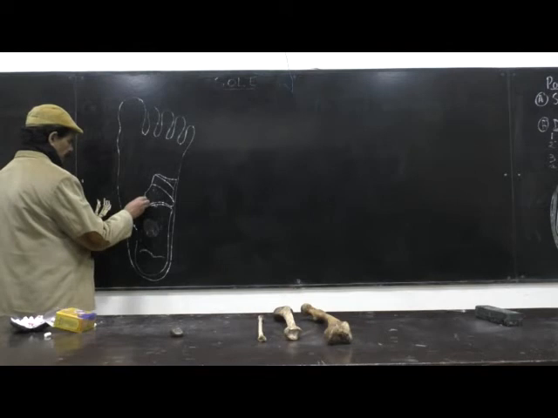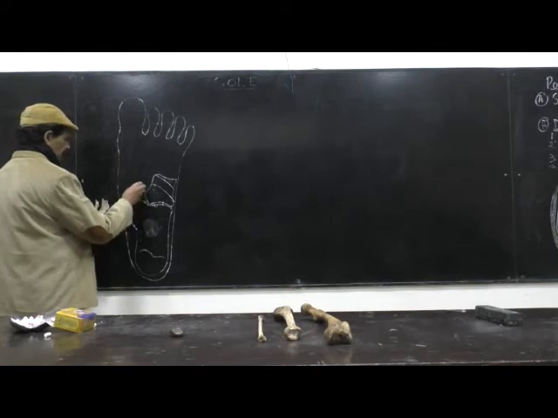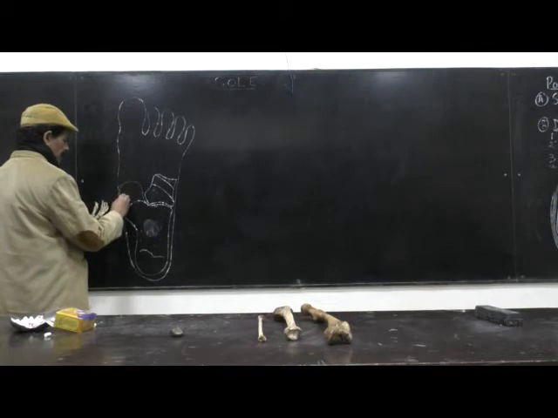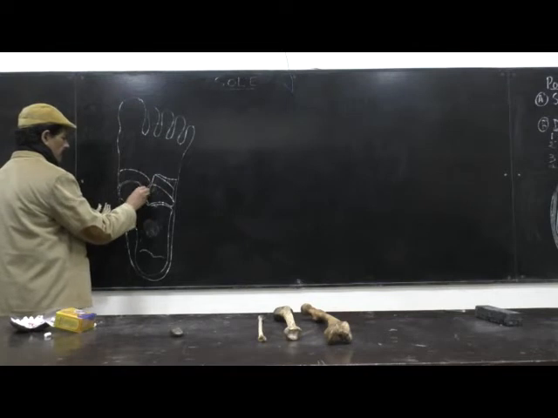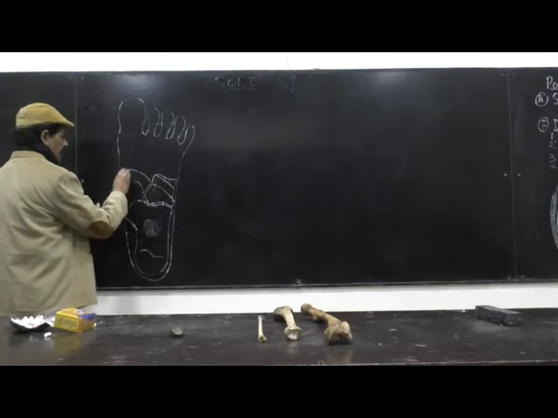Then medially, there is the head of the talus bone, which anteriorly articulates with the boat-shaped bone, that is the navicular. And the navicular also has on its plantar surface an obliquely running groove.